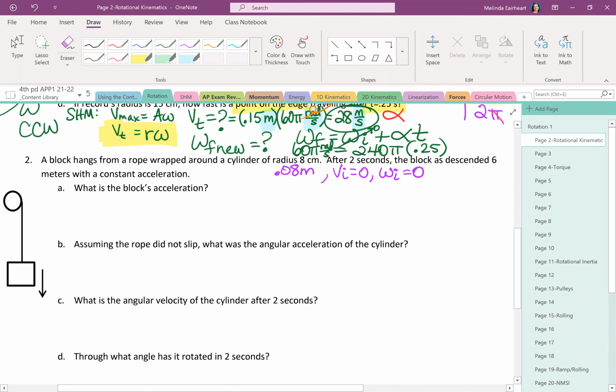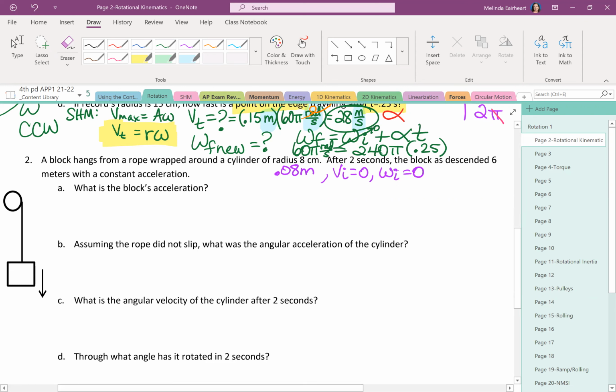So it says we start the timer, we release it from rest, and after 2 seconds have passed, the block has descended, fallen down 6 meters with a constant acceleration. Quit dropping my stuff. No free fall experiments with my calculator.